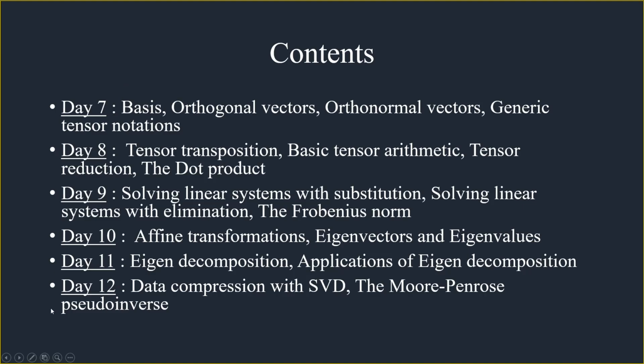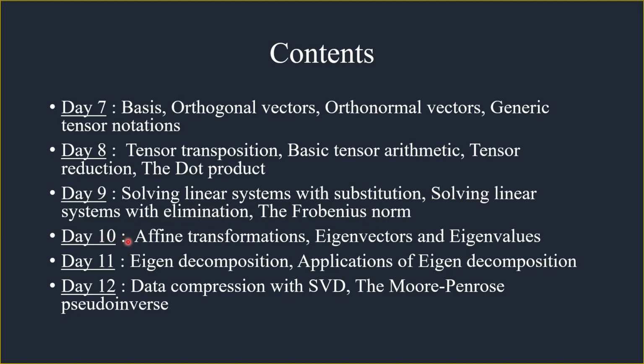So, what we had learned earlier: on day 7 we learned about basis, orthogonal vectors, orthonormal vectors, and generic tensor notations. On day 8 we learned about tensor transposition, basic tensor arithmetic, tensor reduction, and the dot product. On day 9 we learned about solving linear systems with substitution, solving linear systems with elimination, and the Frobenius norm.